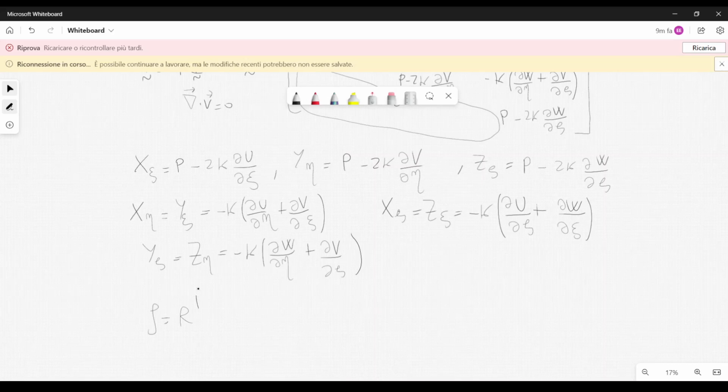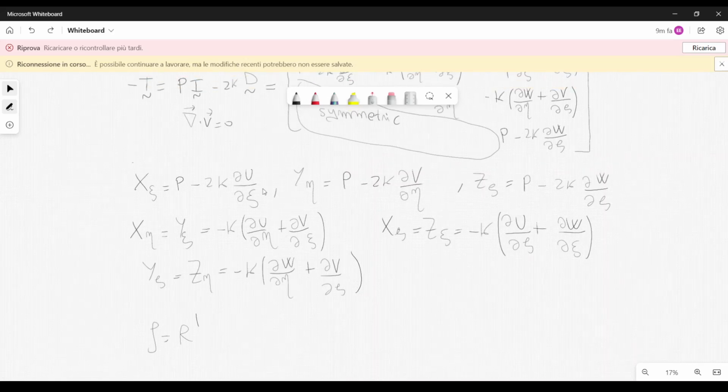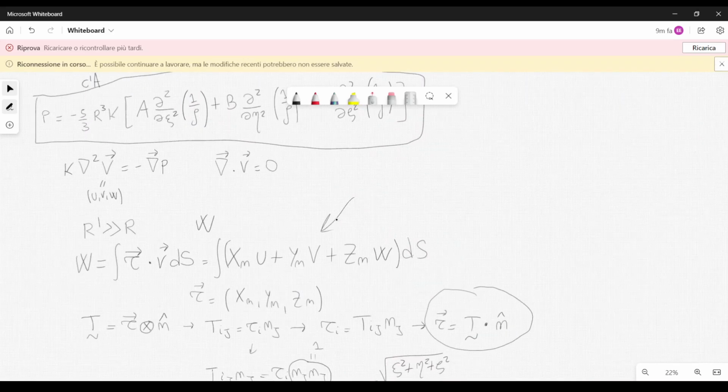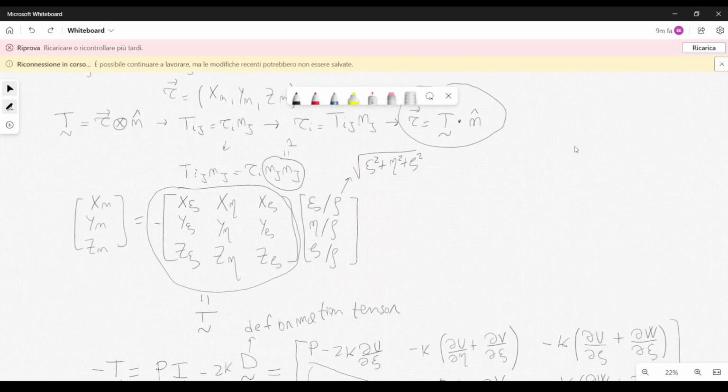So now that we have taken a look at these stress components, we also need to rewrite the components of the velocity, because this is what we want to calculate. Okay, so xn, yn, zn can be obtained from this formula here. In particular, you can see that xn is related to xξ, xη, xζ, because we have to multiply this row by this column.